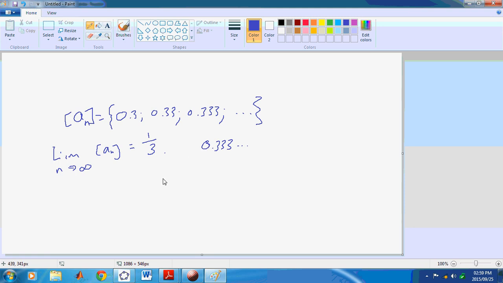The first problem that comes to mind is the fact that 1/3 is not measurable in base 10. What does that mean? That means that you can't find an equivalent fraction in base 10.